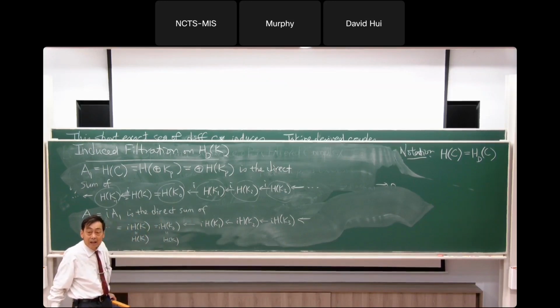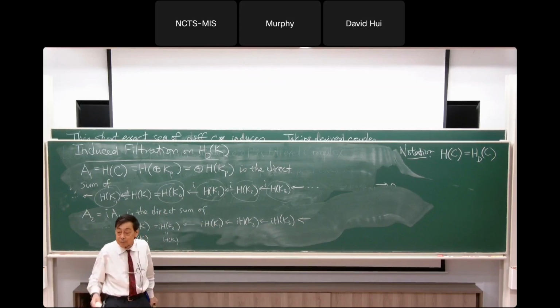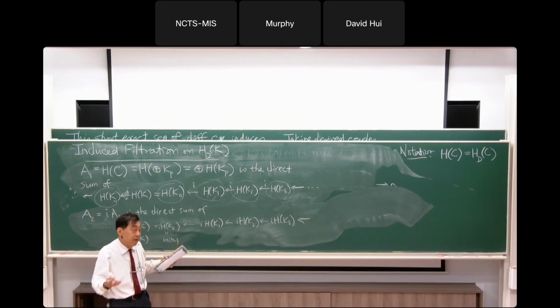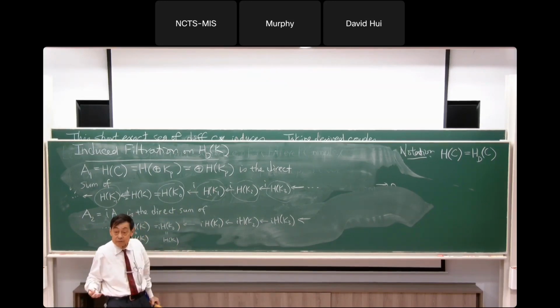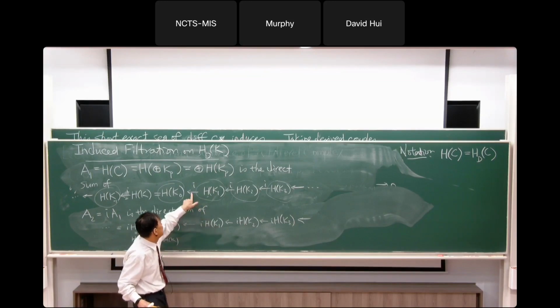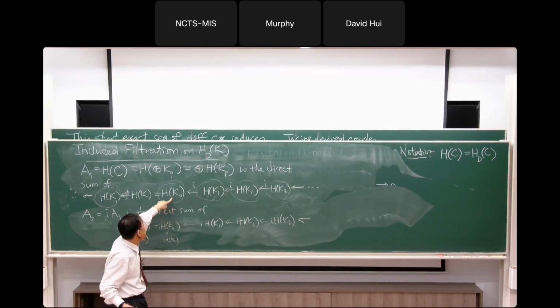Okay? And the I's are not inclusions, right? Because they are maps in homology induced by an inclusion, so they're not inclusions in general. However, you notice that I of HK1 is the image of H of K1, so it is contained in H of K0.